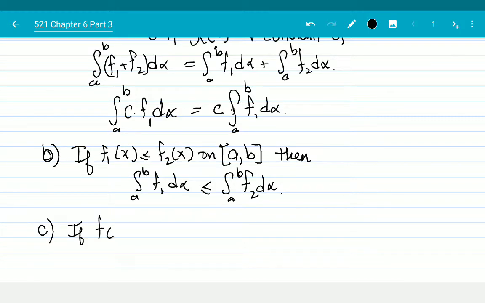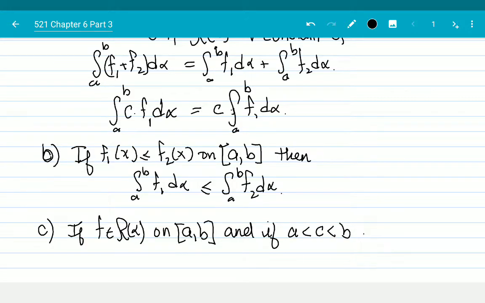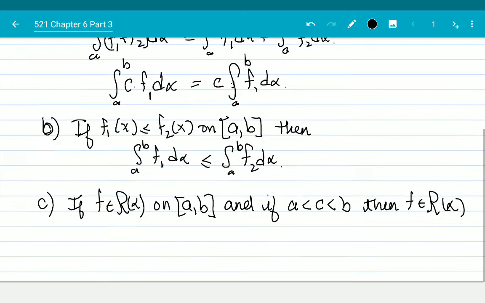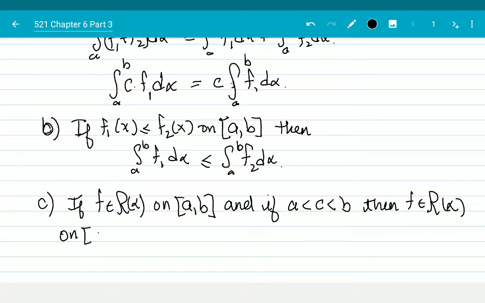If f belongs to R alpha on [a,b], and if a is smaller than c is smaller than b, then f belongs to R alpha on [a,c] and on [c,b].